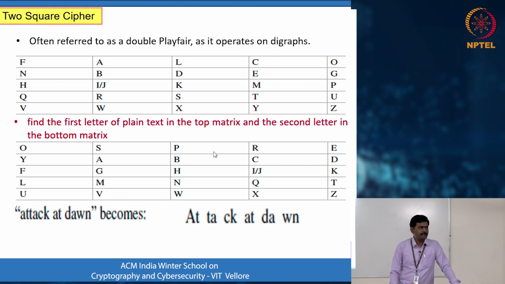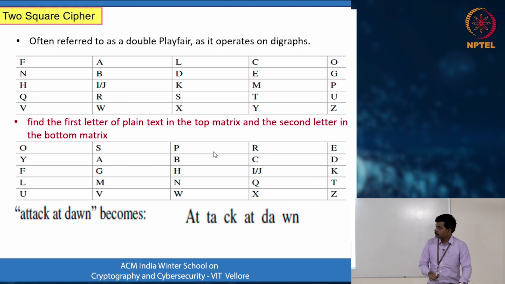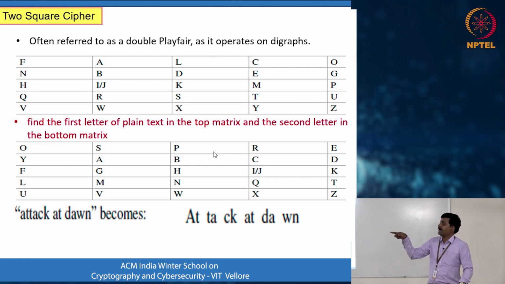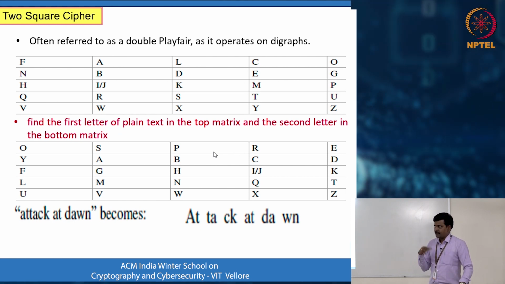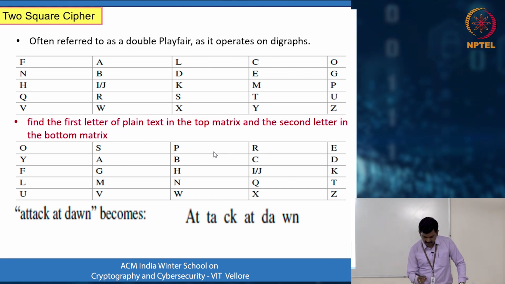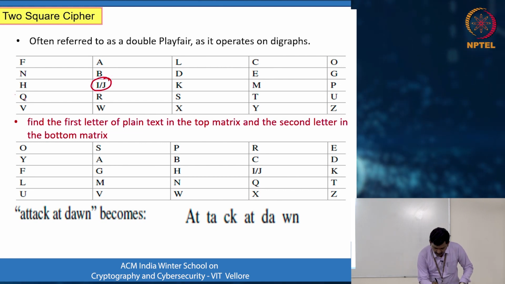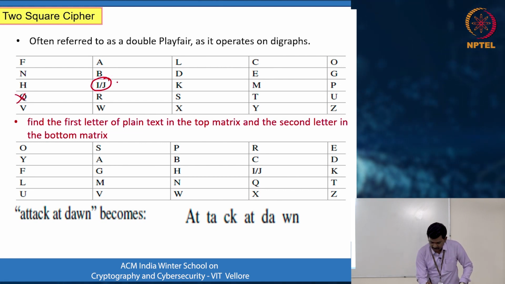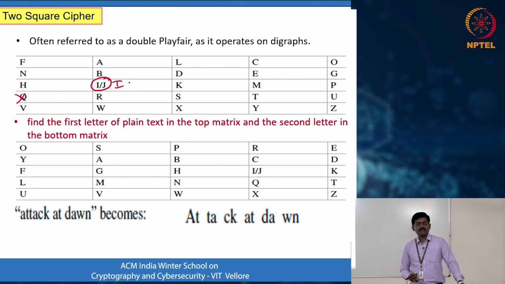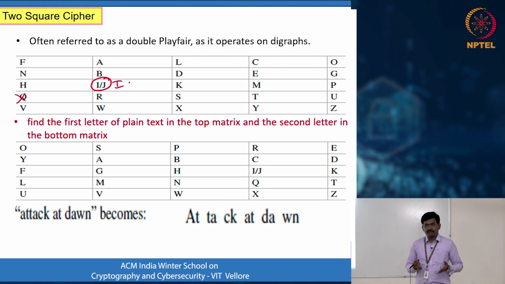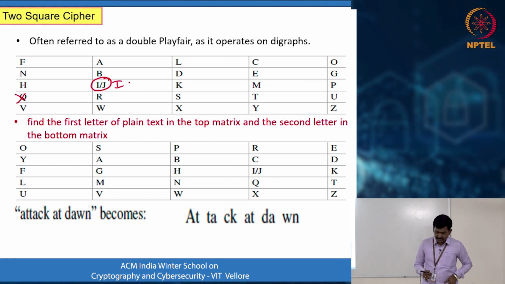You can keep I and J in the same cell, otherwise you can drop one alphabet, Q. So there are two ways here. It all depends. But the only thing is that the way it is done at the encryption side should be known to the decryption side. That's the challenge, otherwise it would be a problem.